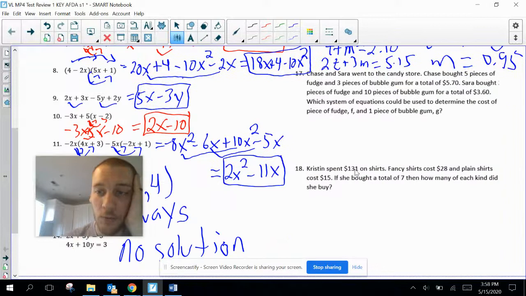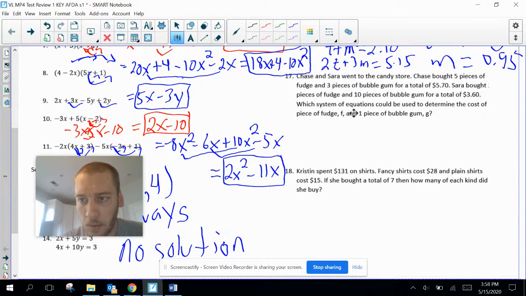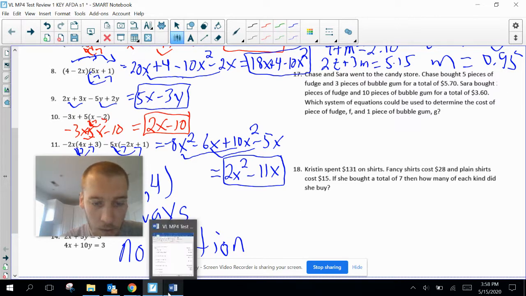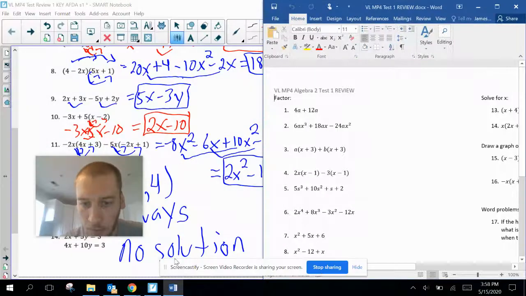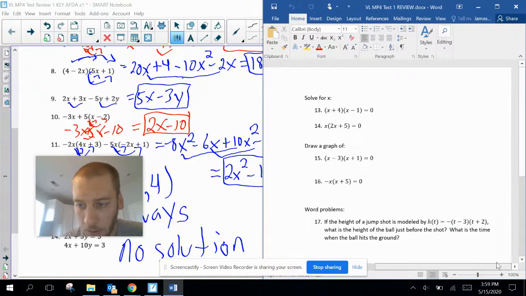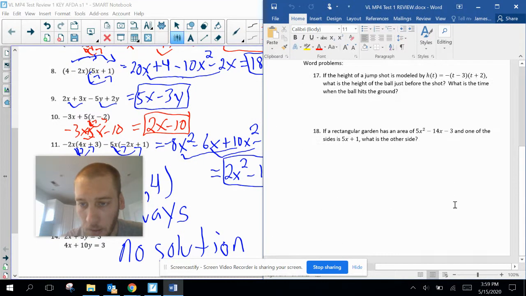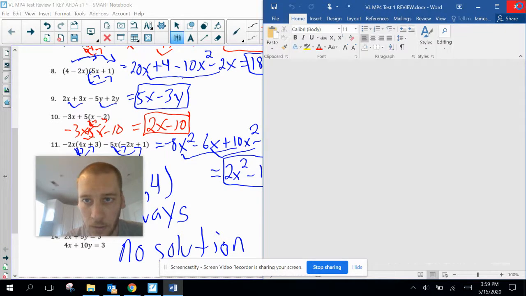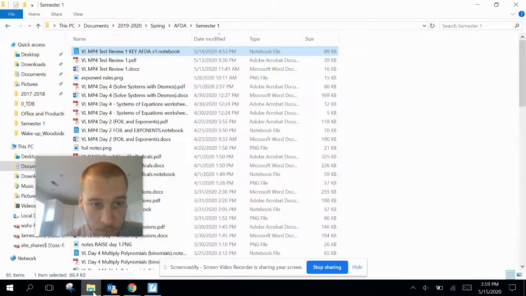So we've got people going to a candy store, got 5 pieces of fudge, 3 pieces of bubble gum for $5.70. We got 10 pieces of bubble gum. Oh, sorry. I can't even see, huh? It got cut off on my screen.